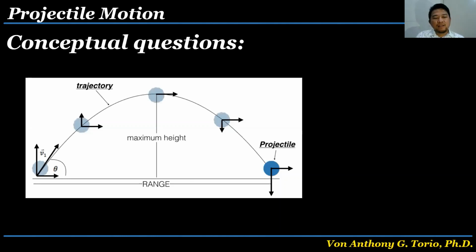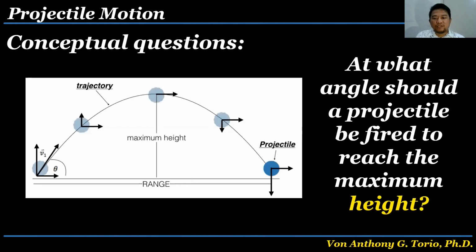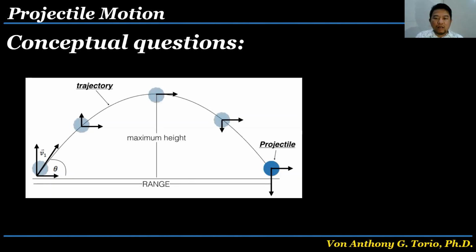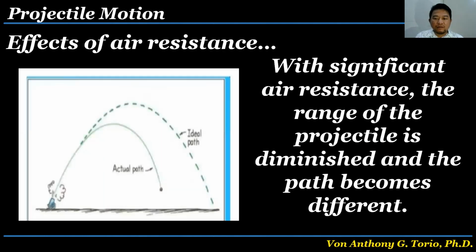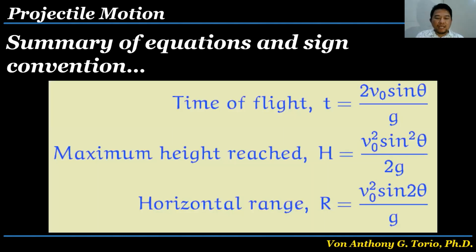Now, let us consciously consider some conceptual questions, such as: at what angle should a projectile be fired to reach the maximum height? In order for us to answer the maximum height question, we need to recall the equation from the summary. This equation for maximum height tells us that there are several factors that could affect the maximum height value.